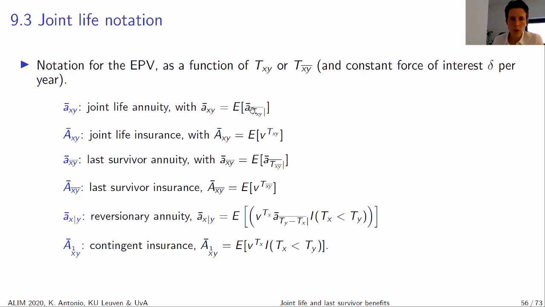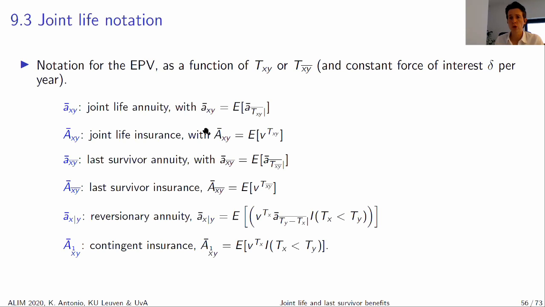So what I have here is A bar, and then in the duration symbol, I've got this random variable, here the joint future lifetime, which is going to indicate the duration of my cash flow, of my payment stream. Yeah? And this is what I need to calculate, the expected value of this thing, and we're going to clarify that on the next sheets in order to see the EPV of this joint life annuity.